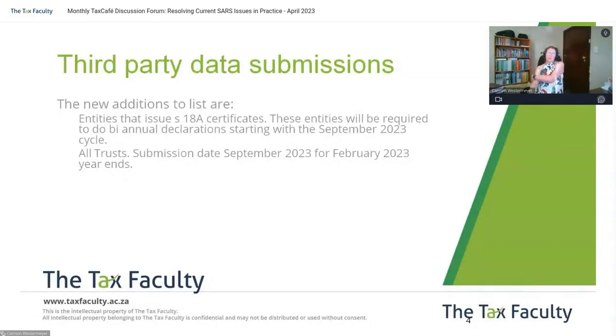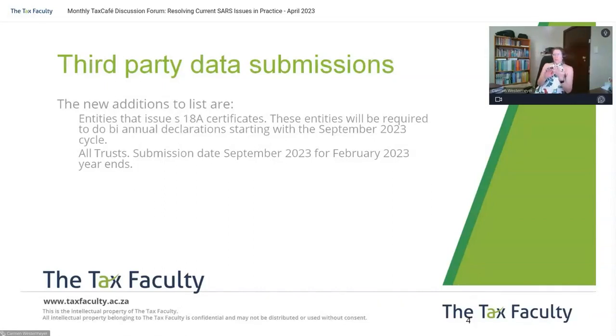From a SARS point of view, trading trusts notwithstanding, they have their own issues, a general South African trust is going to own possibly a rental property, an investment portfolio, and it might earn dividends from a subsidiary company investment. Potentially it might also earn interest on loans made to subsidiary companies or to beneficiaries.